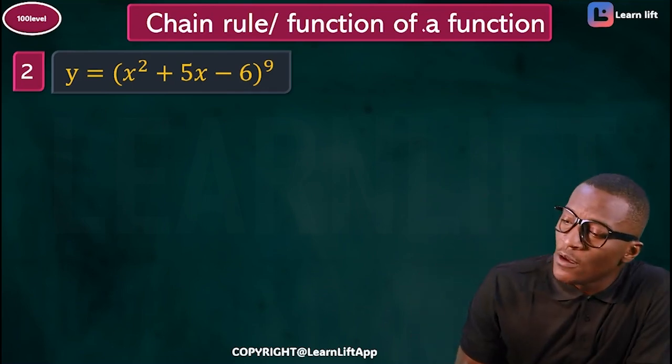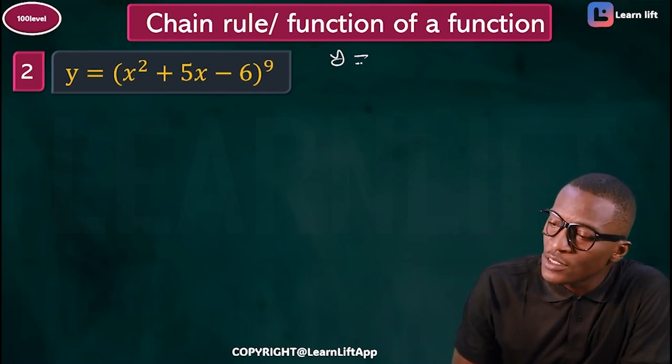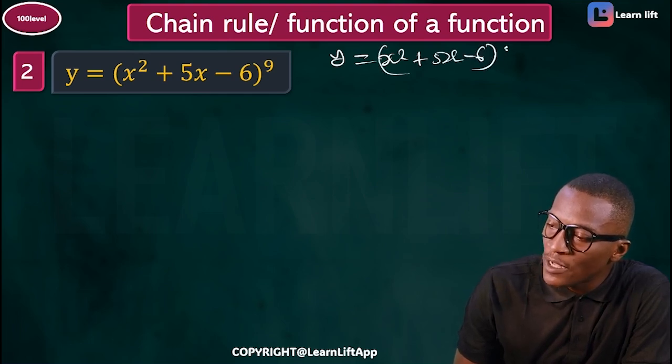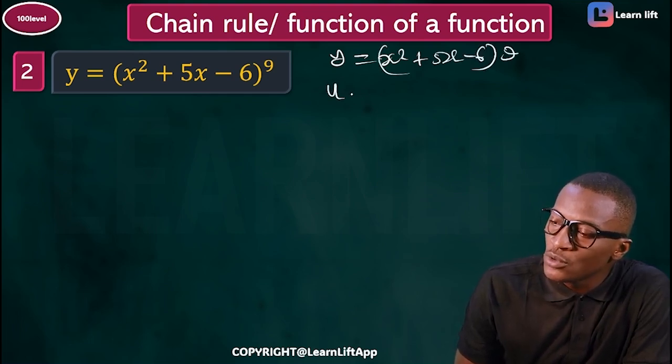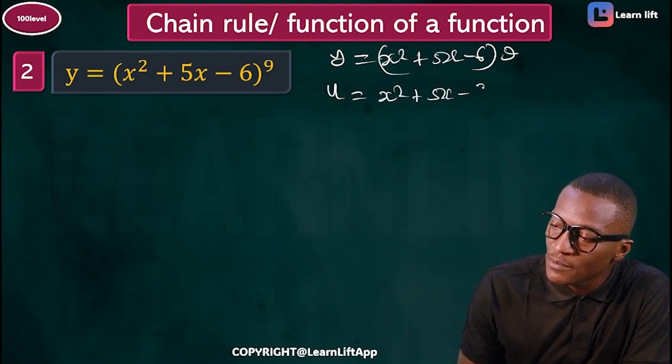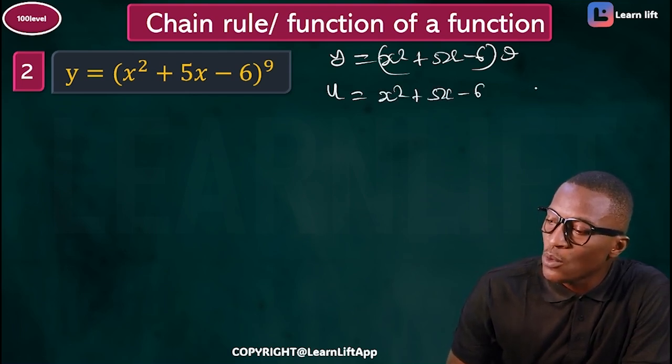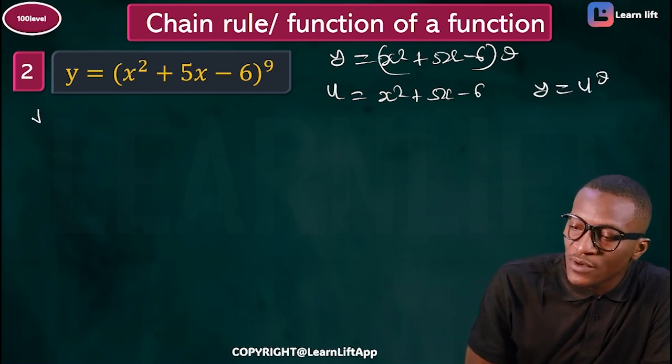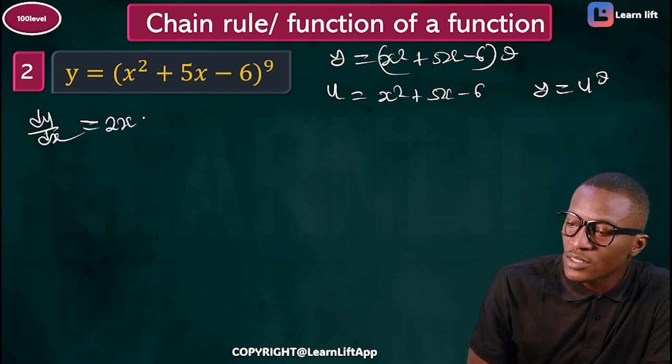Yes. Let's take another question still on that. We are given that, for example, we have y is equal to x squared plus 5x minus 6 raised to power 9. Let u be equal to x squared plus 5x minus 6. And what will now be y? y will now be equal to u raised to power 9. So let's find du over dx. du over dx will give me 2x plus 5.